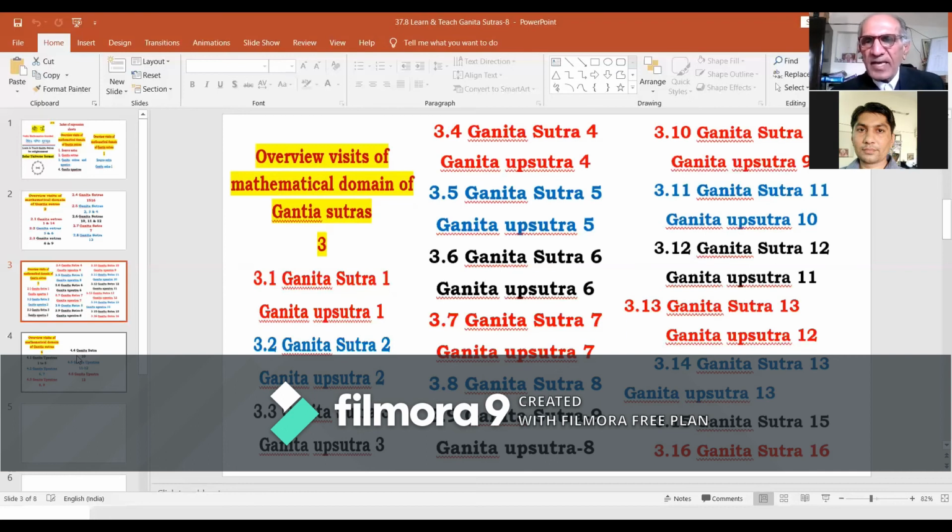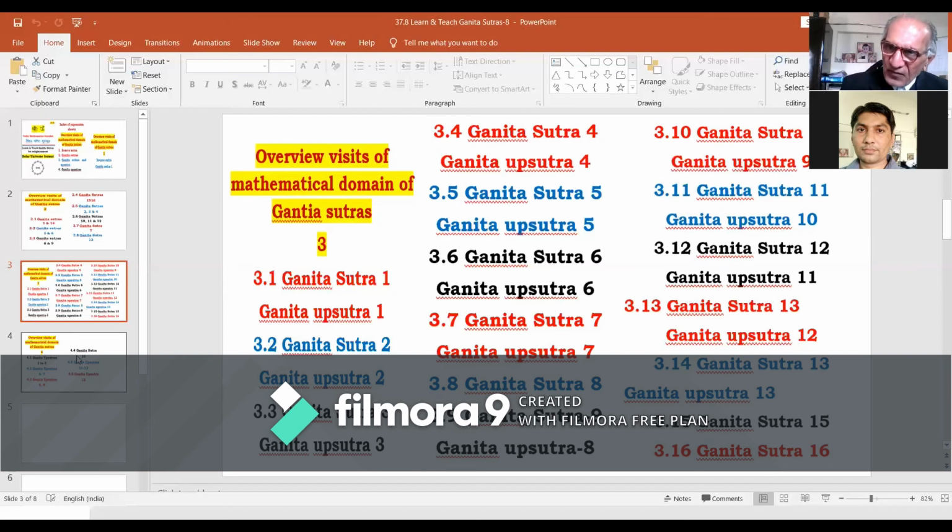Ganita Sutra 9 onwards up till Ganita Sutra 14 is having again their bridging of gaps in terms of Ganita Upsutras 8 to Ganita Upsutra 13.